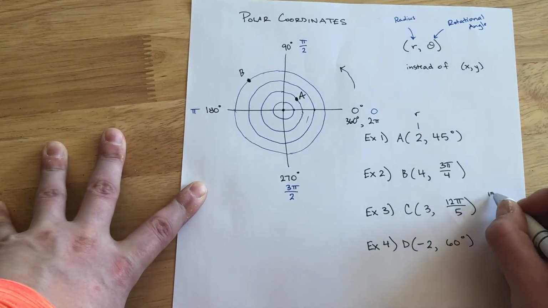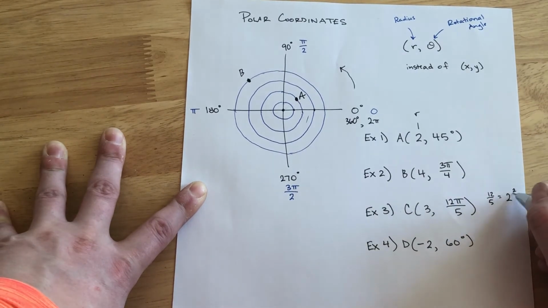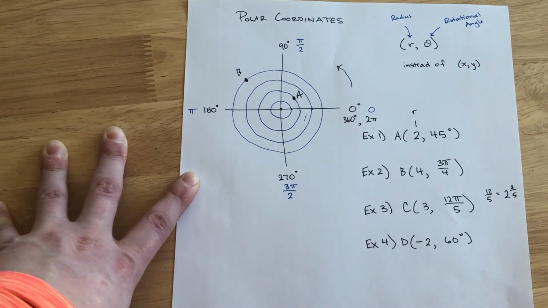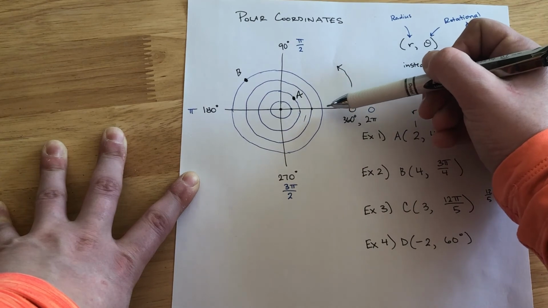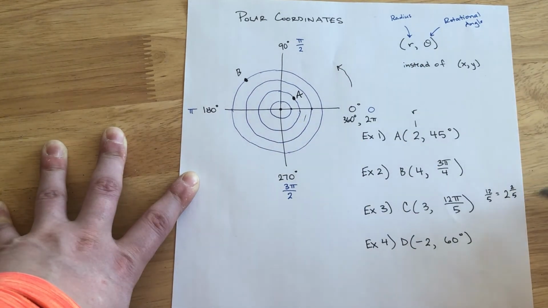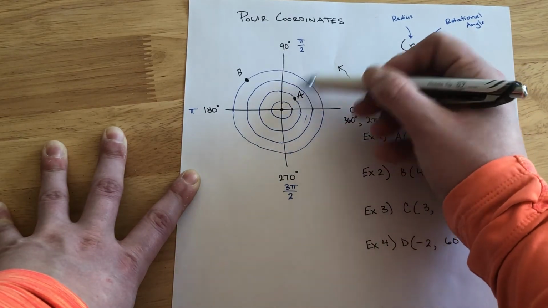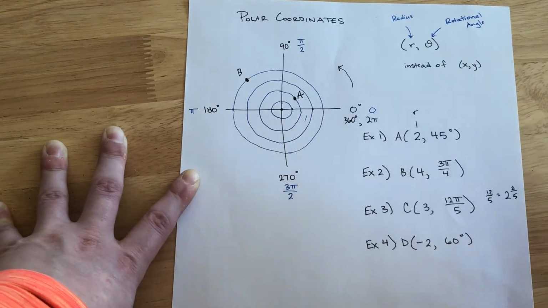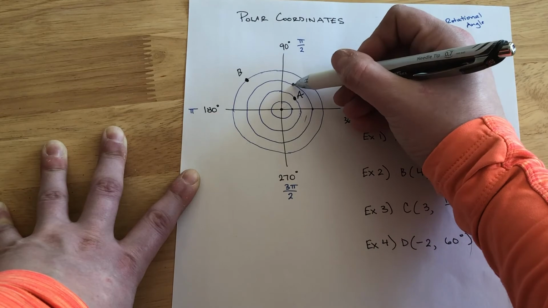If I were to convert 12/5 into a mixed fraction, that would be 2 and 2/5. 2 and 2/5 pi. So 1 full rotation is 2 pi. So we're past 2 pi and on our way to 2/5 of pi. So if we broke up the 180 degrees or the single pi into fifths, 2/5 of it would be somewhere around here, roughly.